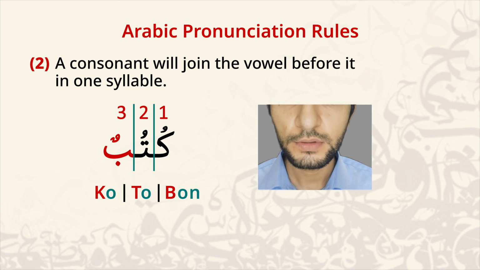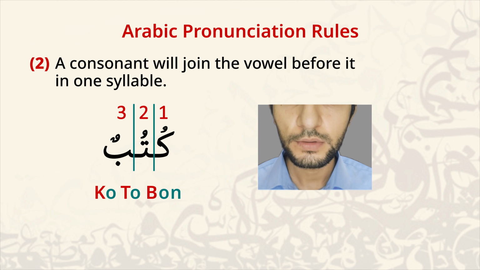As a result, the three syllables of this word are ku, tu, bun. All together will be kutubun. So here, as you see, a syllable might contain exactly one letter if it's a vowel, and it might contain two letters, a vowel followed by a consonant.